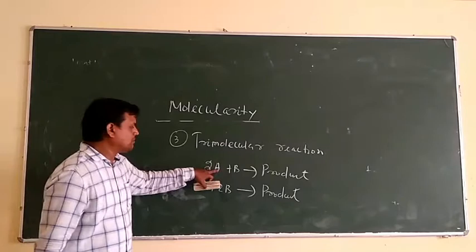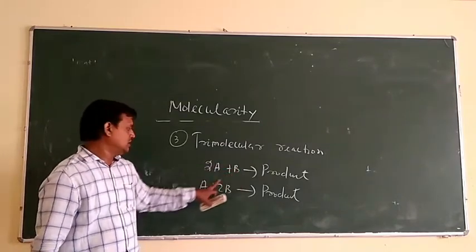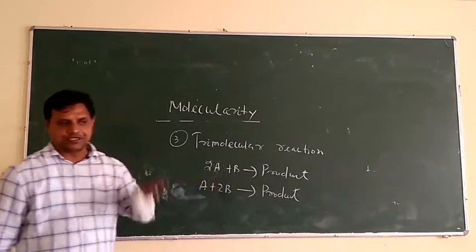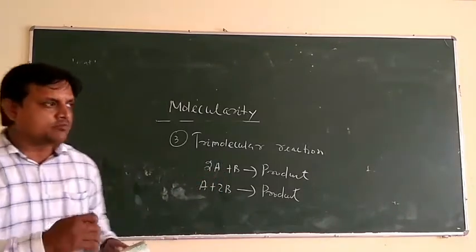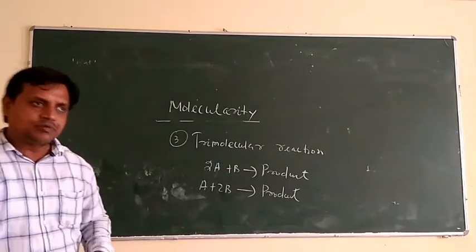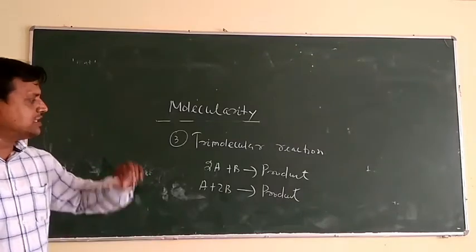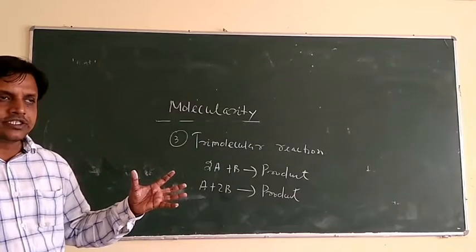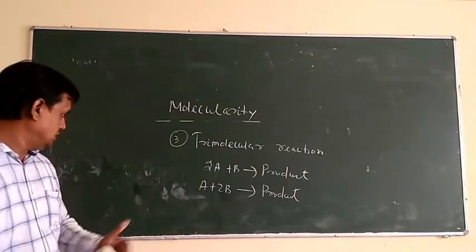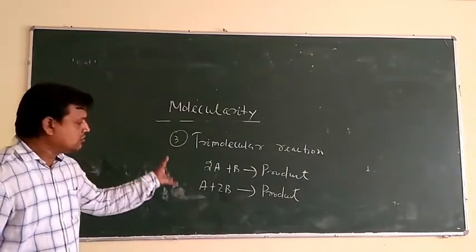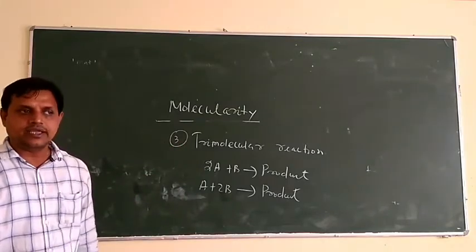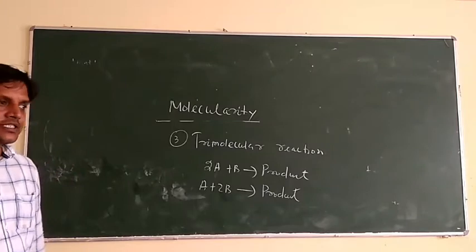So two molecules of A and one molecule of B, or one molecule of A and two molecules of B. So it is called a trimolecular reaction, or we can say the molecularity of the reaction is 3, because three molecules are simultaneously colliding with each other.